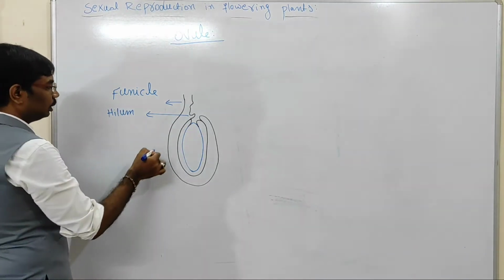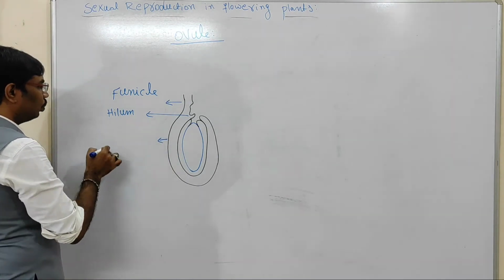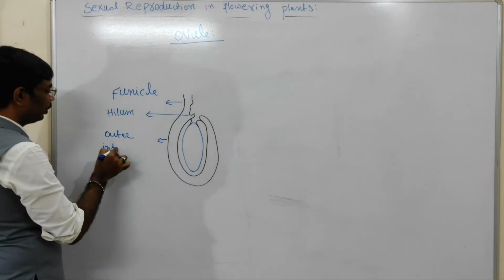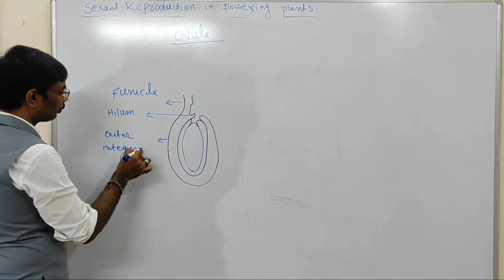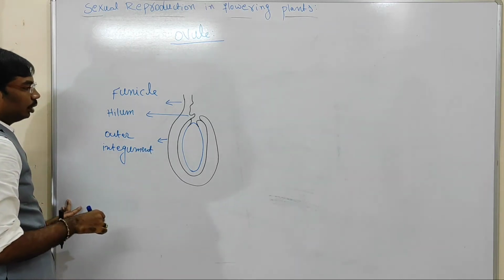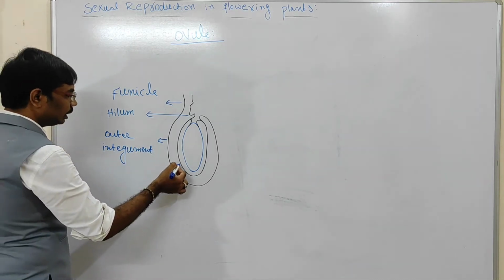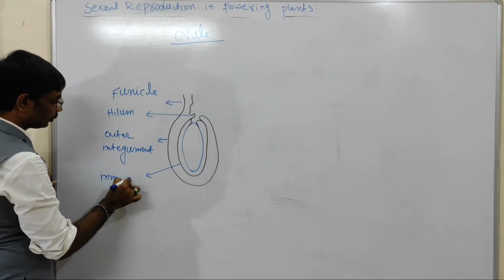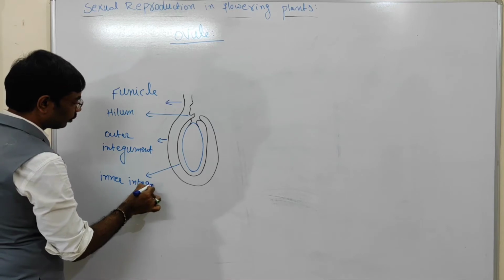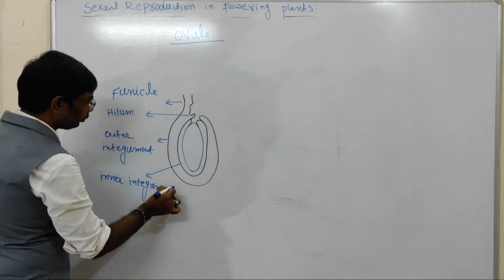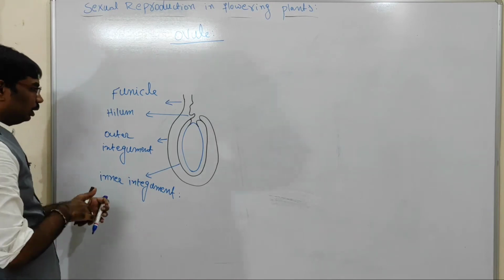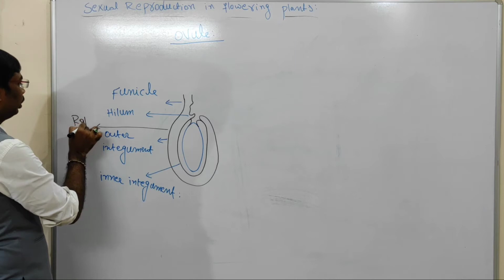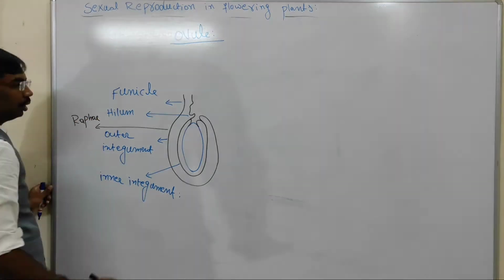After the funicle, this area is called the hilum. This region is called the outer integument, and this area is called the inner integument. Here, this area is called the raphe, R-A-P-H-E.